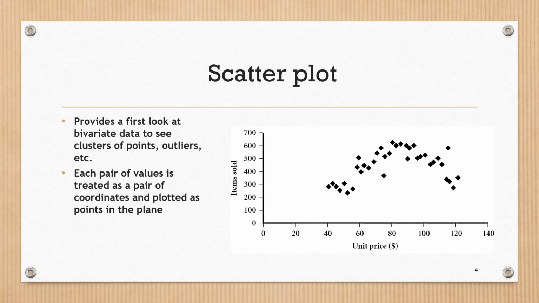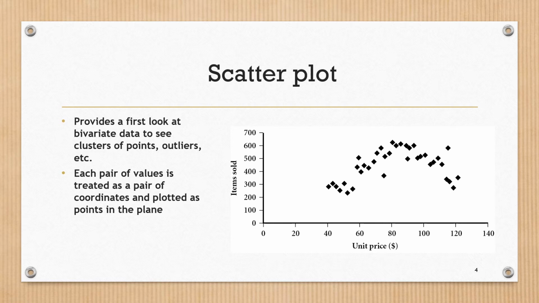A scatter plot is one of the most effective graphical methods for determining if there appears to be a relationship, pattern, or trend between two numeric attributes.